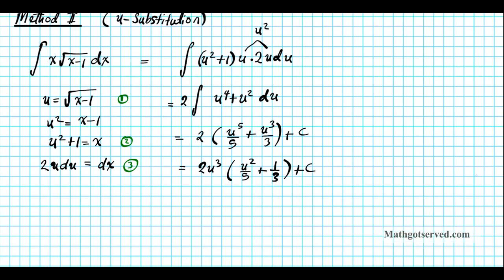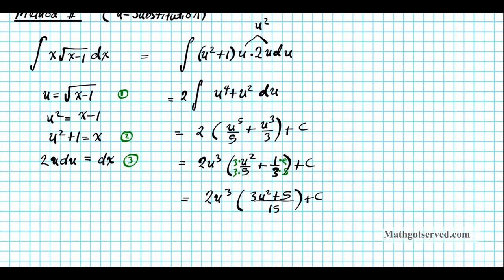Okay? And then we can combine these two fractions while we're at it. So we can multiply this by 3, top and bottom, and then multiply this by 5. So we're going to have 2u to the 3rd, try that again, 2u to the 3rd times (3u squared plus 5) over 15 plus c.